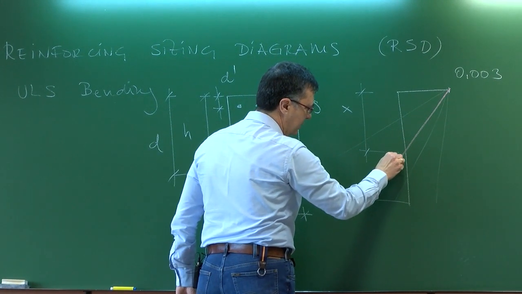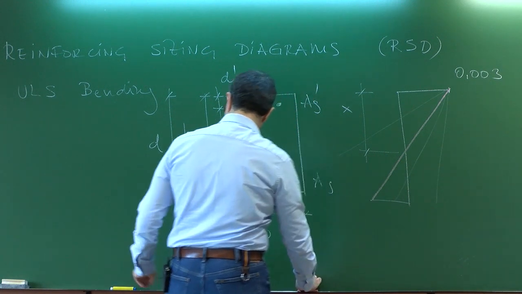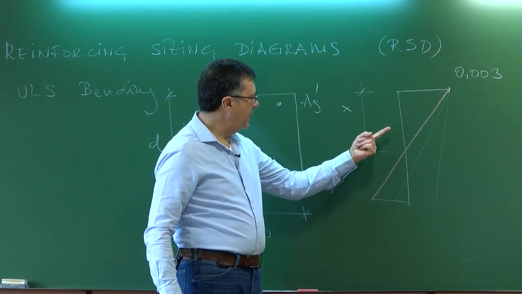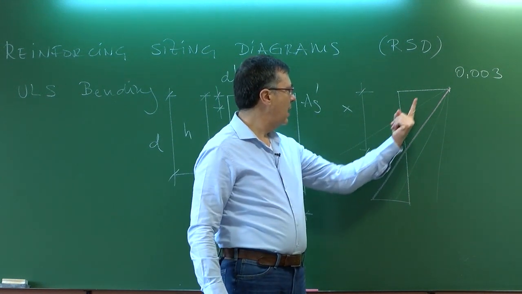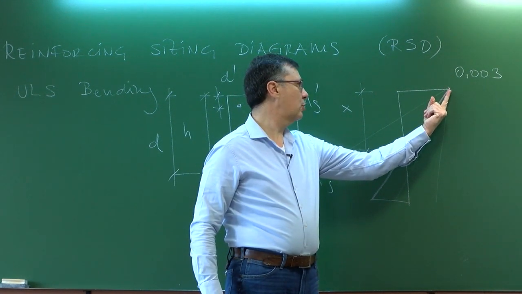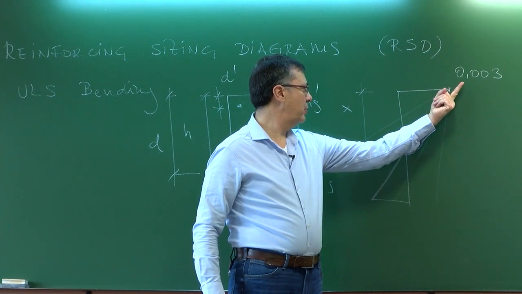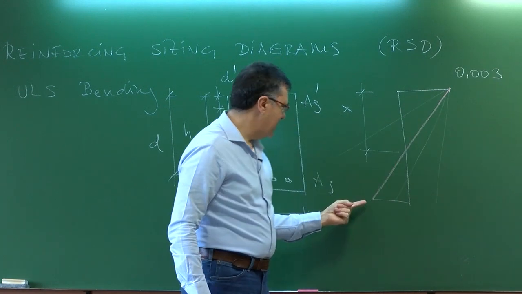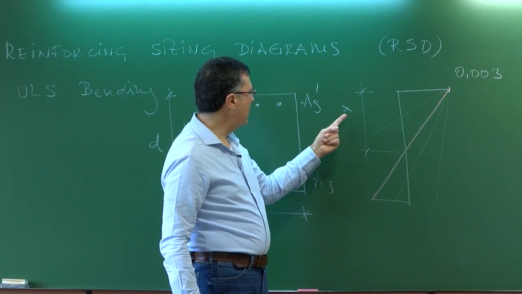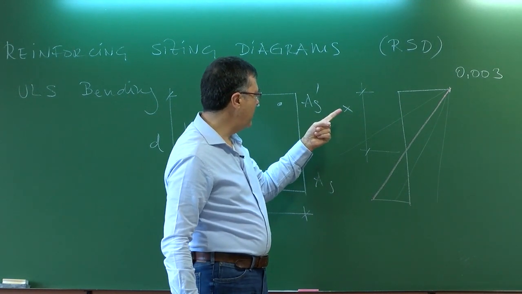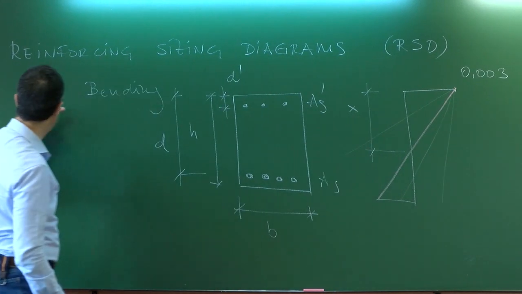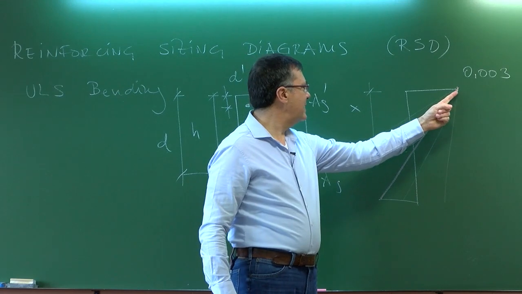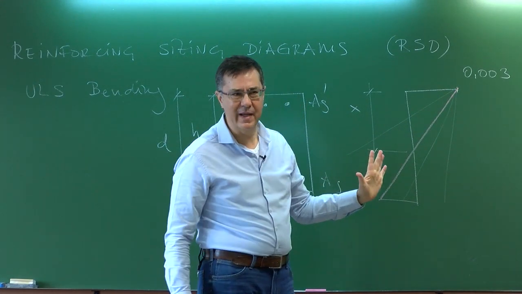So the depth is x. Because we are in capacity design, and we know that the top strain is 0.003, we only need one variable to fix the strain distribution. This one variable is going to be x. So if I know x, and I know that I am in the ultimate limit state of bending, then the strain distribution is fully defined.